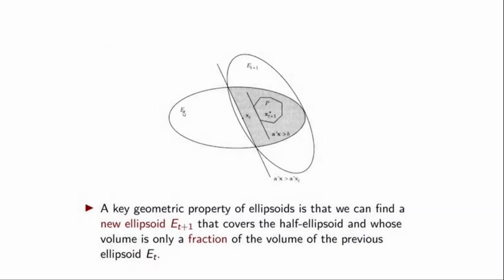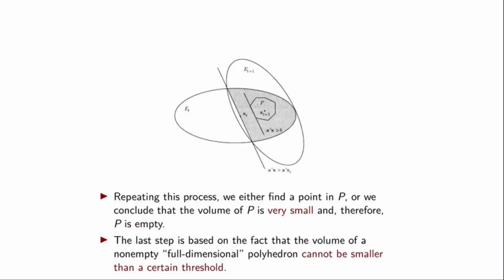This is of enormous importance to us, as we will see in the later steps of the algorithm. Every time we create a new ellipsoid, its volume is just a fraction of the original ellipsoid.